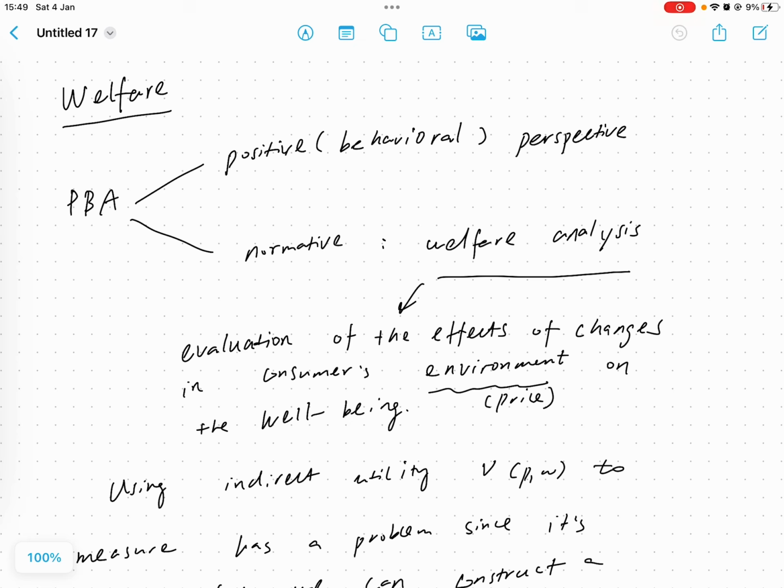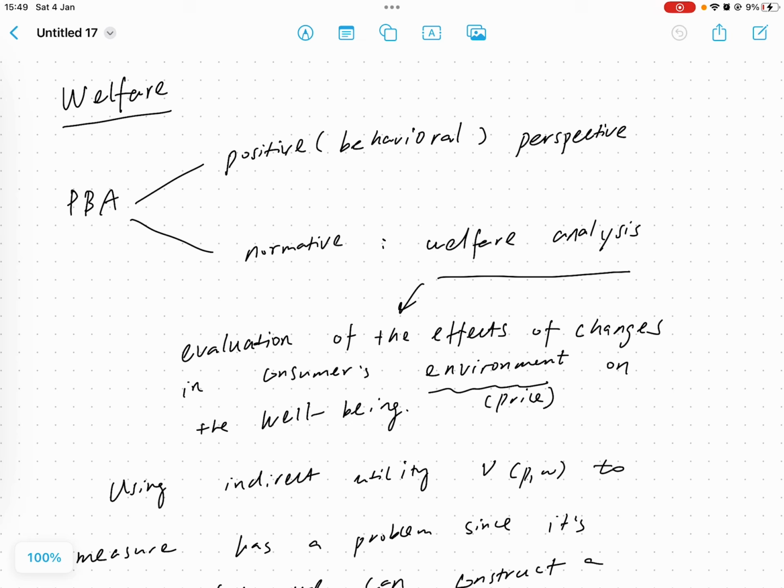In normative perspectives, for example, we can have some welfare analysis to help us further understand another aspect of economic analysis.